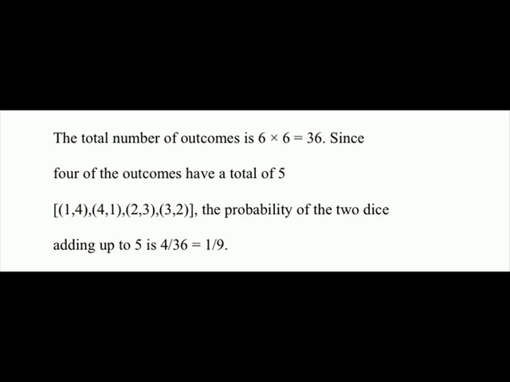So we get the total number of outcomes is 36 and the favorable outcomes is 5, which is listed here again. The probability is 4 by 36, which is the same as 1 by 9.